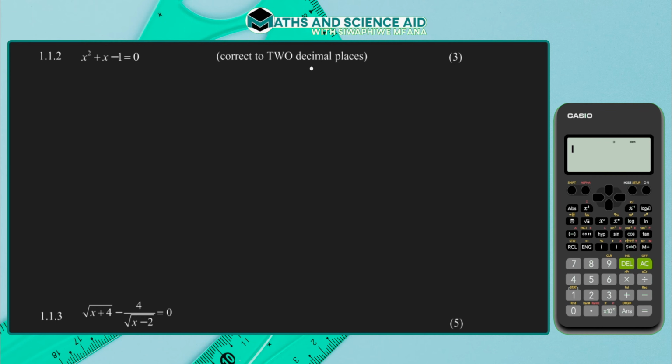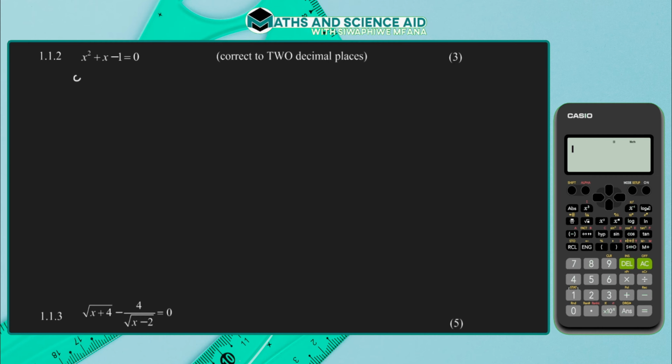It basically means that even if you were to attempt to solve this by factorization, you would fail because you would not be able to find the factors. So here we will just use the quadratic formula.